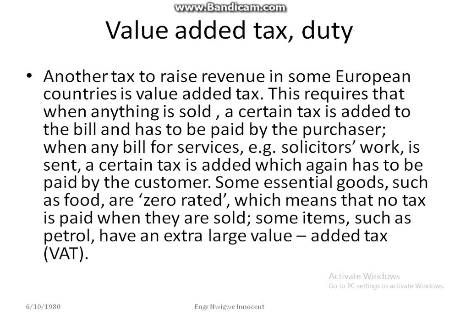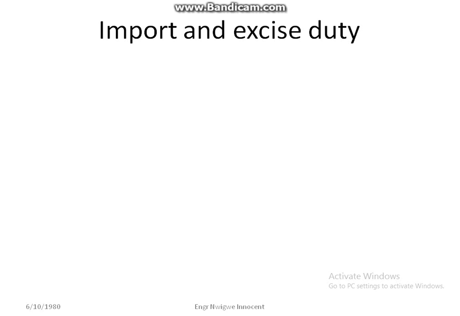When any bill for service, for example solicitors' work, is sent, a certain tax is added, which again has to be paid by the customer. Some essential goods such as food are zero rated, which means that no tax is paid when they are sold. Items such as petrol have an extra large VAT.